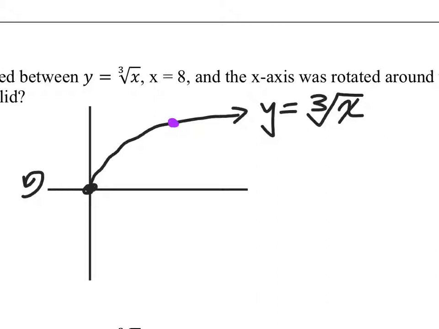So basically, it's called the disk method for a reason. I'm looking for the volume of a single disk that would be created if I were to take that point and spin it around the axis. And you're like, okay, a disk, how's that going to happen? Well, we go back to those arbitrary rectangles I've been drawing. Let's draw an arbitrary rectangle.